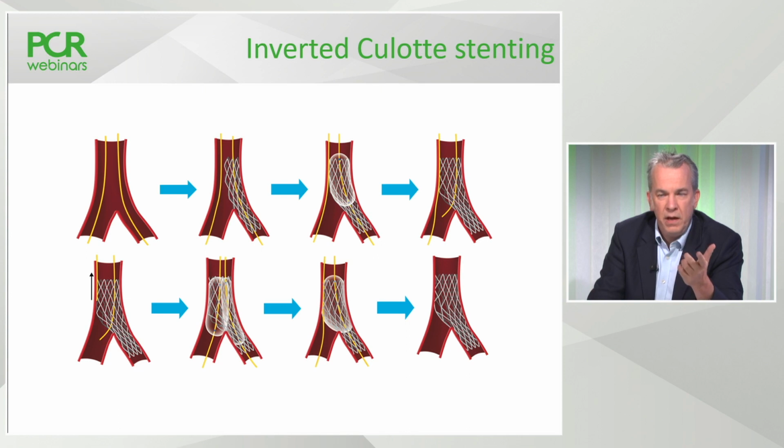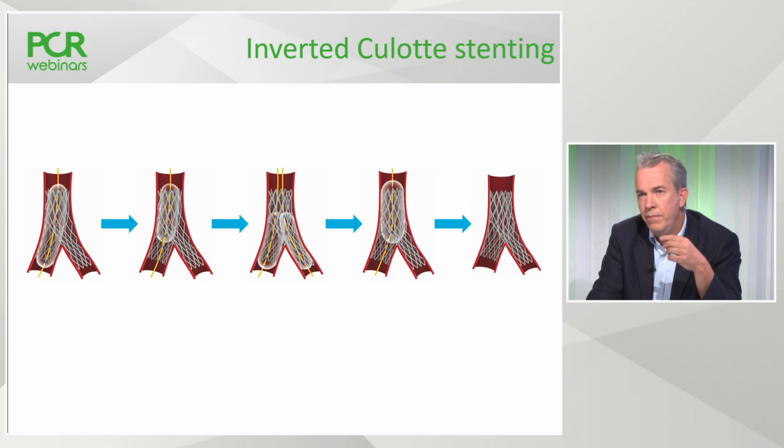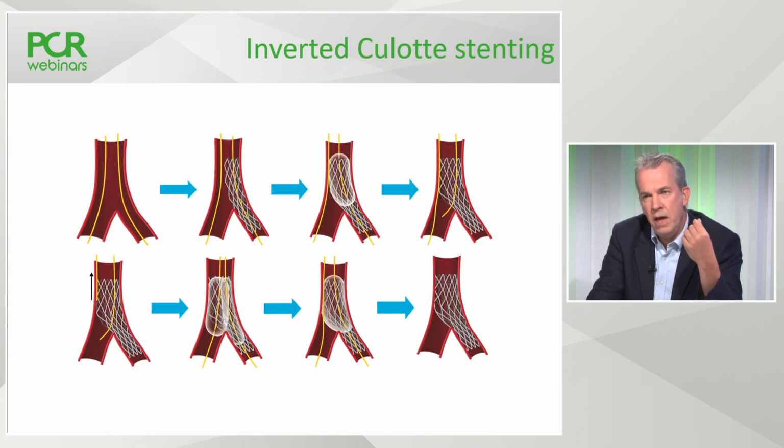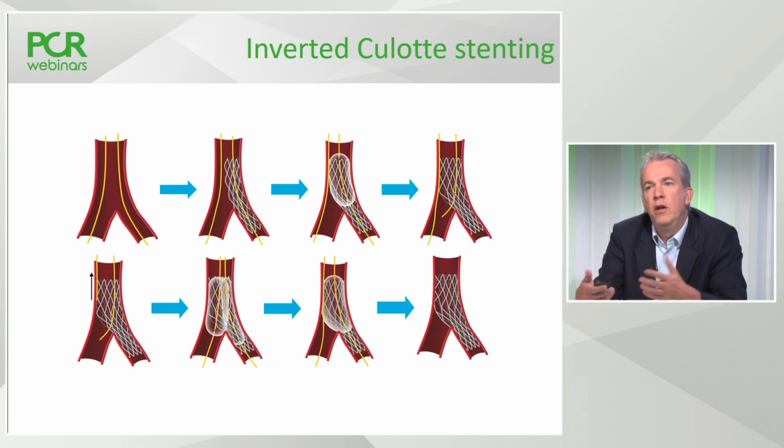If you manage that nicely with the distal crossing, then in the sixth image there, you can recross into the main vessel, undertake a kissing inflation and a further proximal optimization, and here the result in a sort of incomplete procedure so far is that you have the basis of the inverted culotte.